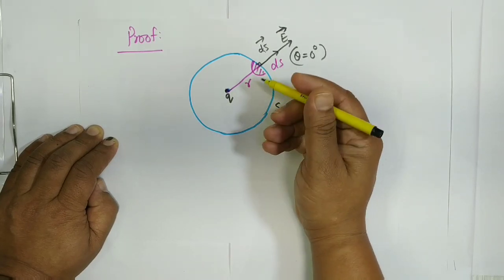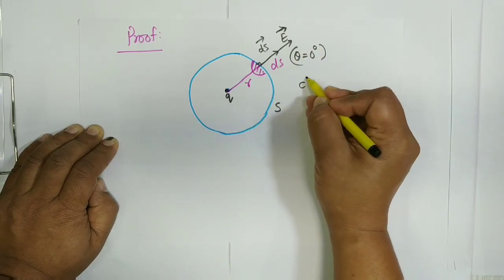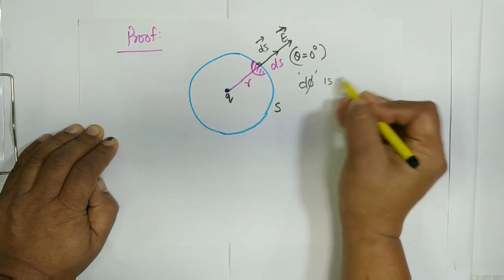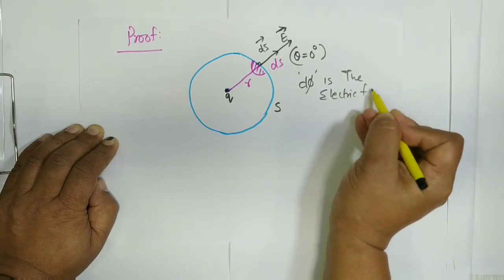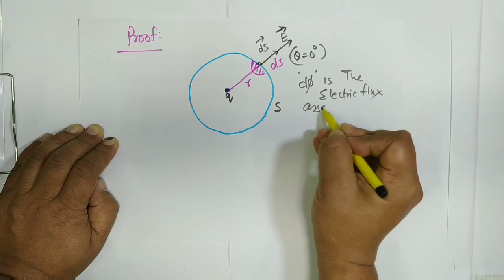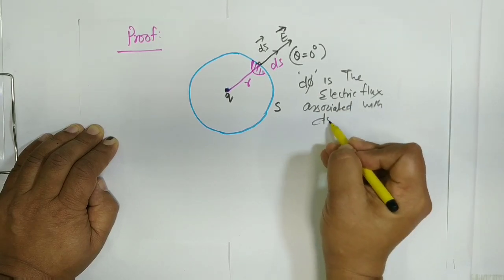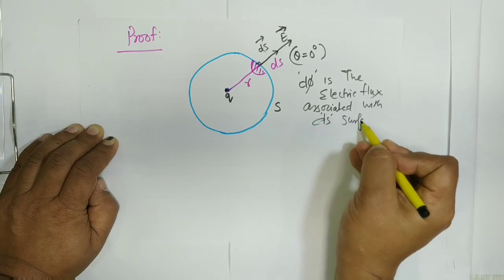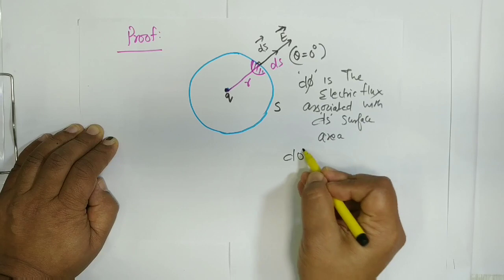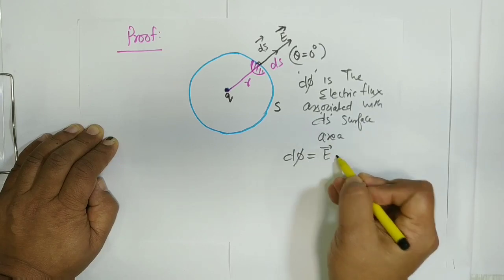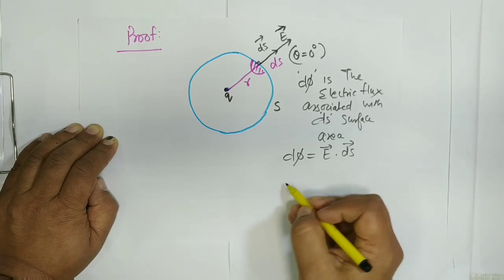So very simple, we are going to start the Gauss theorem, and we will say that d phi is the electric flux associated with the ds surface area. So d phi will be written as E dot ds. Phi is E dot S, so d phi is E dot ds.